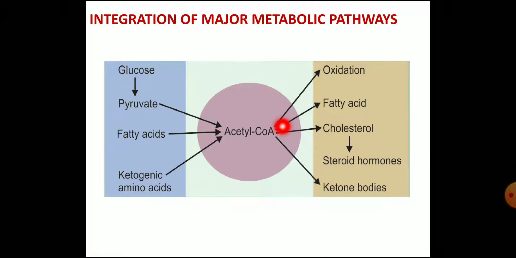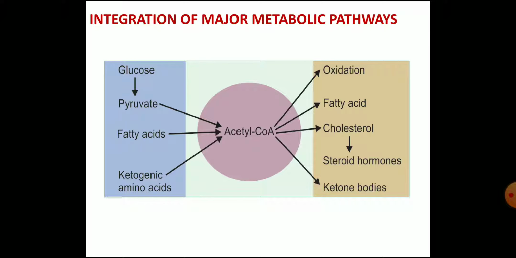The starting material of fatty acid biosynthesis is acetyl coenzyme A. Then acetyl coenzyme A can be converted into cholesterol, and from the cholesterol, steroid hormones or vitamin D, everything can be synthesized, and acetyl coenzyme A can produce ketone bodies. In starvation, the ketone bodies are important for energy.